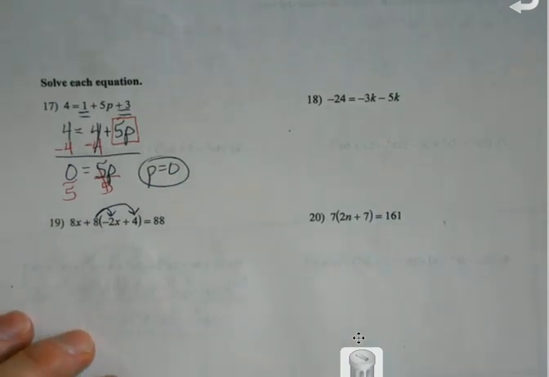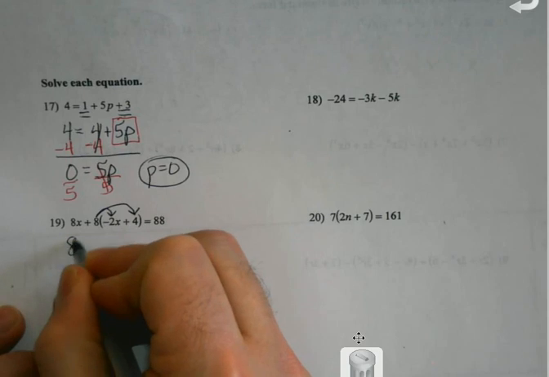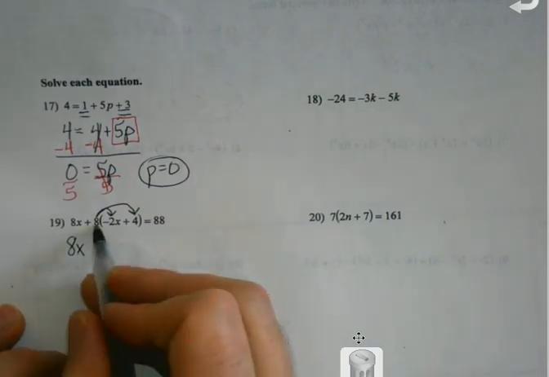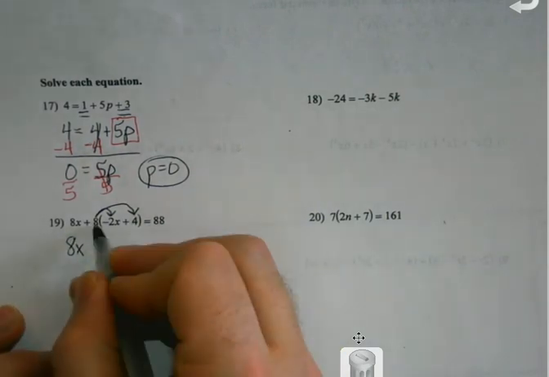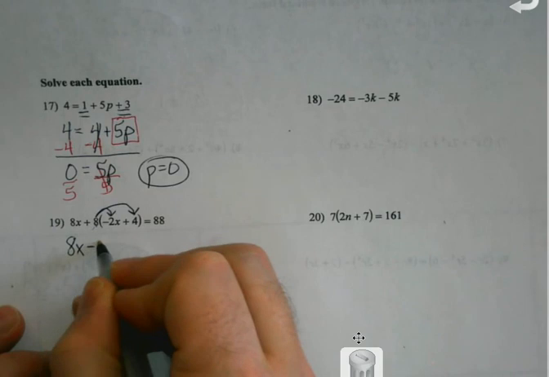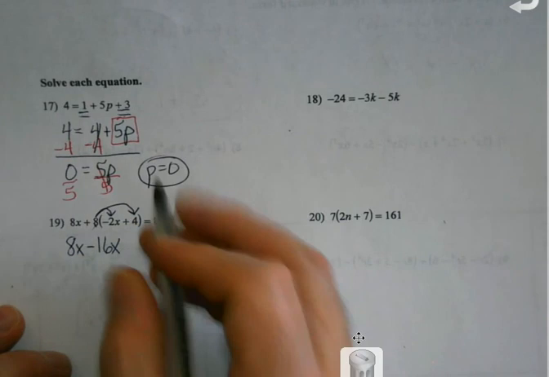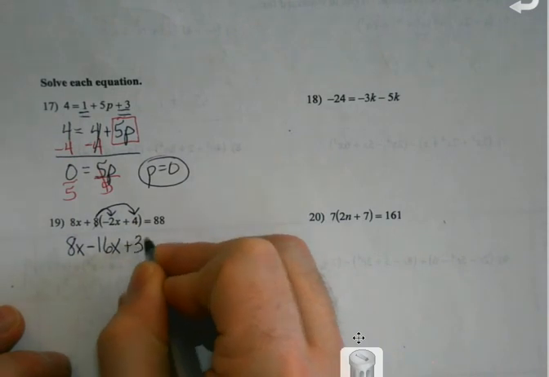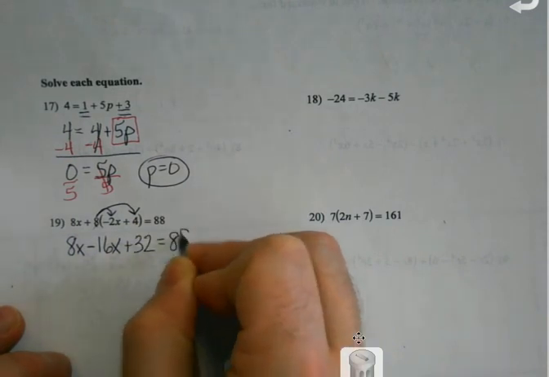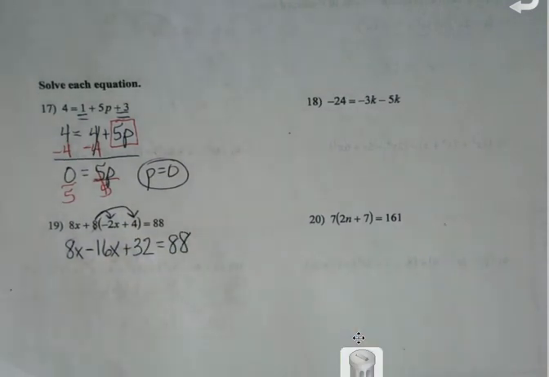Number 19, if you wanted to box that little part, you could, but notice nothing happens to the 8x, it's just this 8 I'm multiplying. So 8 times -2 is -16x. 8 times 4 is 32. And now I've got a problem similar to 17 now that I've done that part.